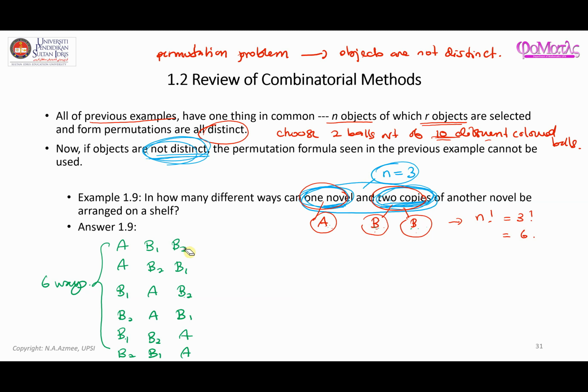Now we erase the subscript, and I hope you can see that by doing that, this becomes the same arrangement. So we have one arrangement. They are actually similar, and this one is also another different arrangement. And finally, this one here is also another different arrangement.